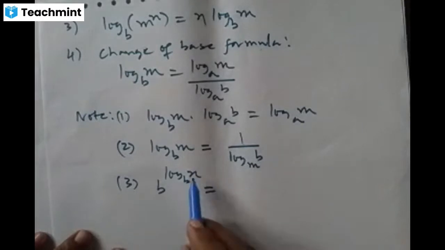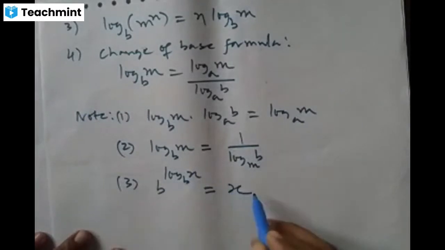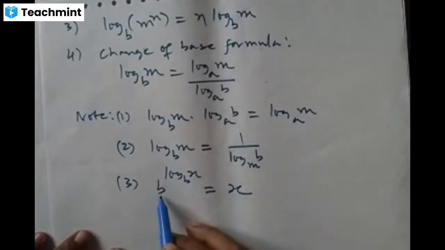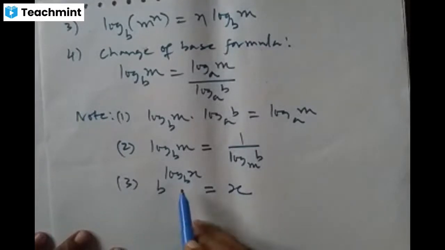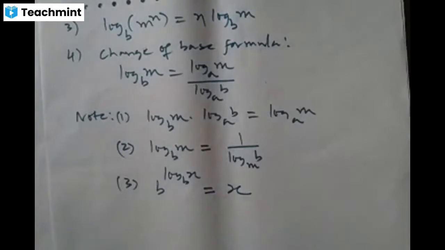So here X remains the same, because the exponential function and the logarithmic function are inverses of each other. So you have to remember these properties of logarithm. In the next class, we are going to discuss problems. Thank you.